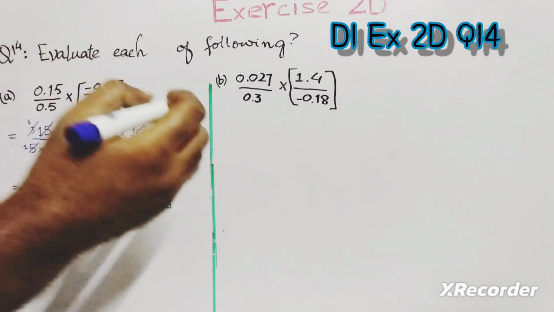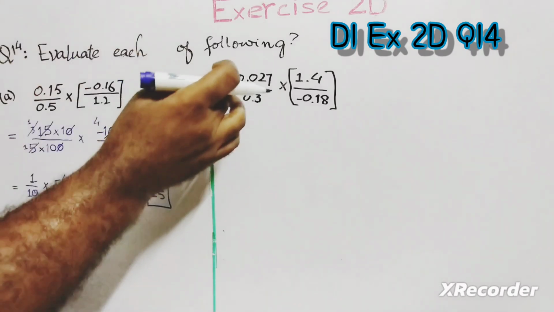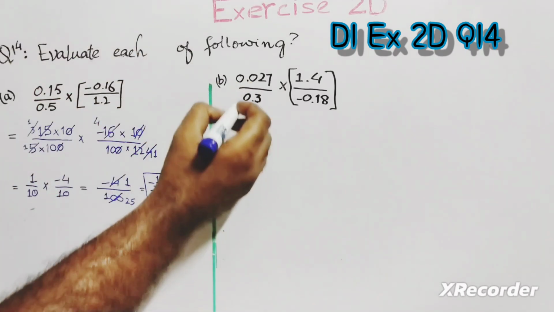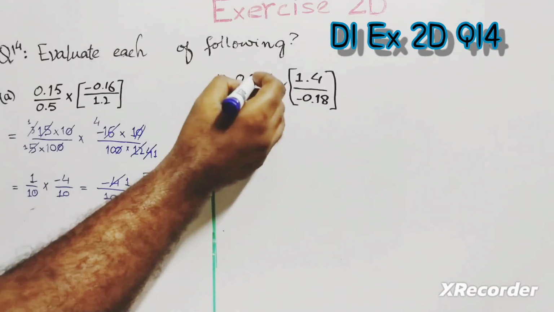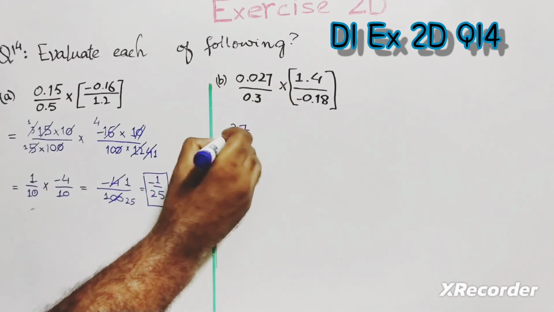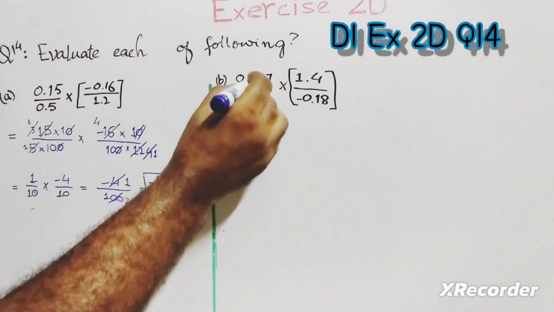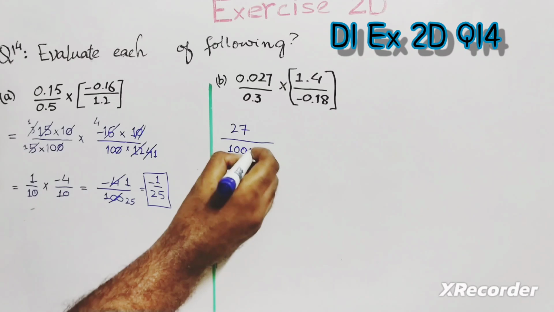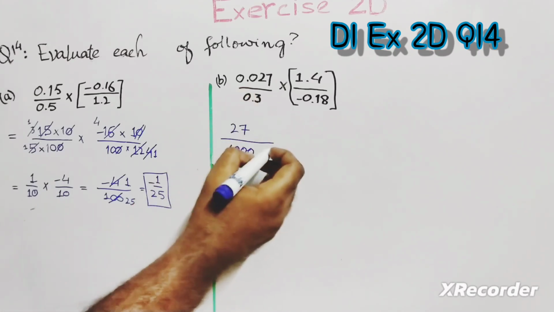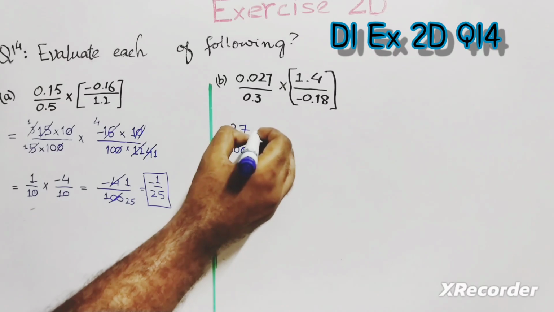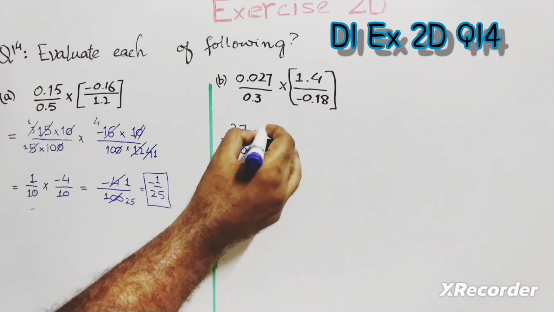Similarly, in part B, for our ease, we can convert these decimals to fractions like that. 0.027 can be written as 27 divided by 1000, and this 0.3 can be written as 3 divided by 10.